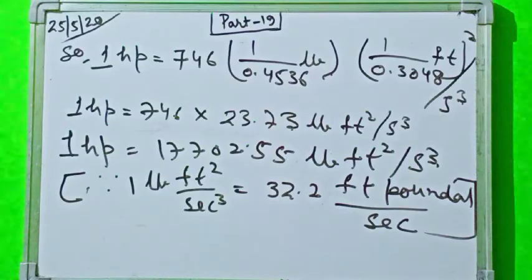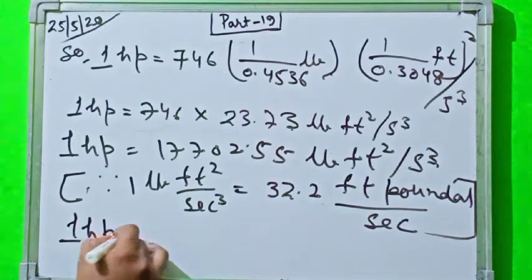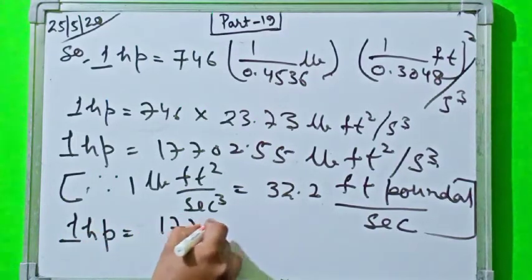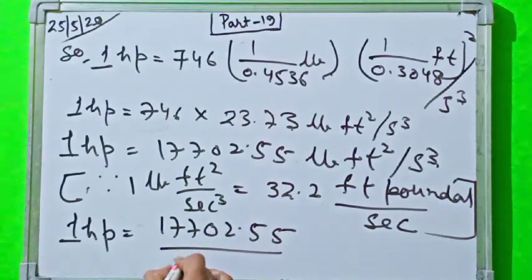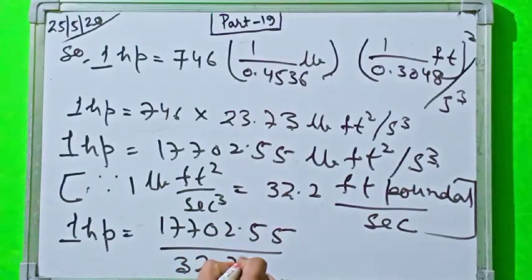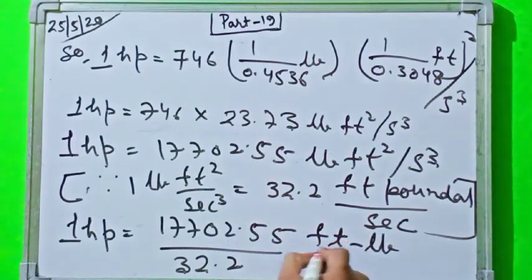So 1 HP can be written as 17702.55 upon 32.2 foot pound per second.